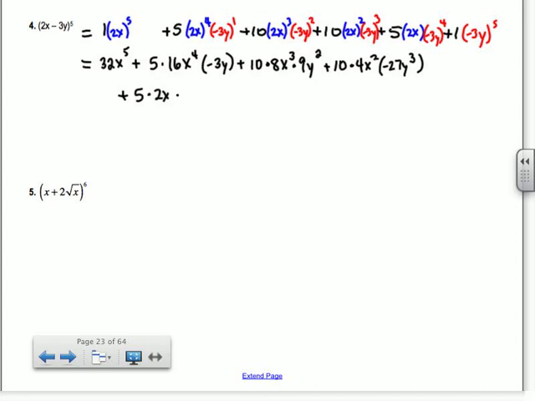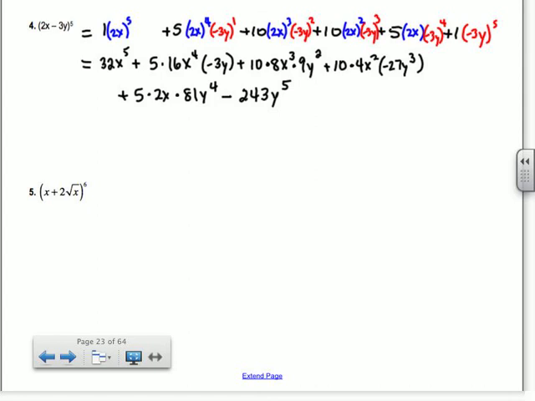What's that going to be? 81y to the fourth. And then plus, well, minus, it will be negative 3 to the fifth is negative 243y to the fifth. It's a hard one. Once you have those big powers, you usually get big numbers.